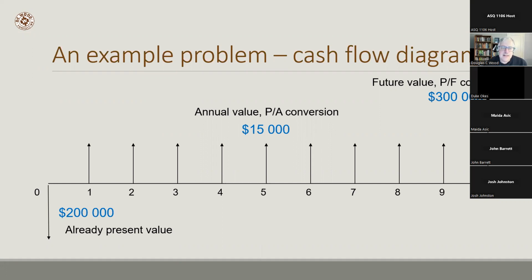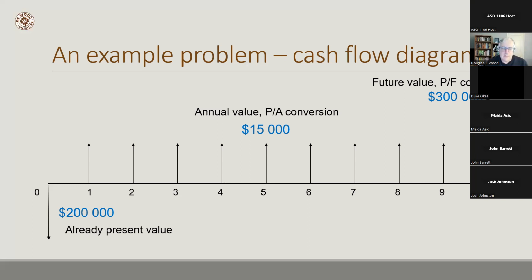And then you take an additional 10,000 in year 5 using the PF conversion for just that $10,000 and bring that back to present value. So you can see how many different ways you can draw this out, and use just a couple of calculations to create what you think is the present value.